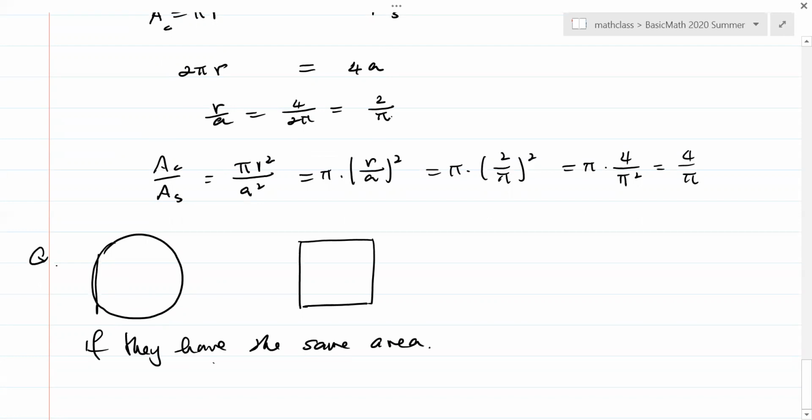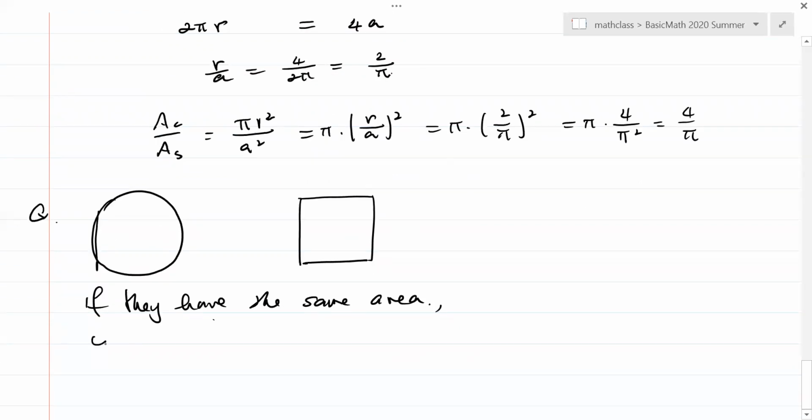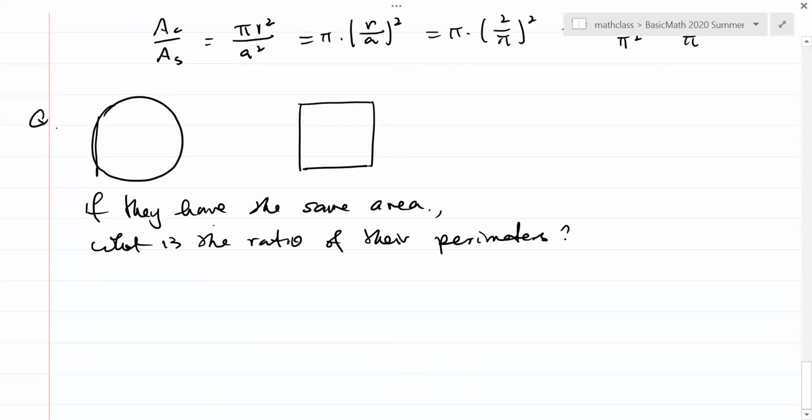So what is the ratio of the perimeters? Now we assume they have the same area. If they have the same area, I believe that the circle has a smaller perimeter than the square.